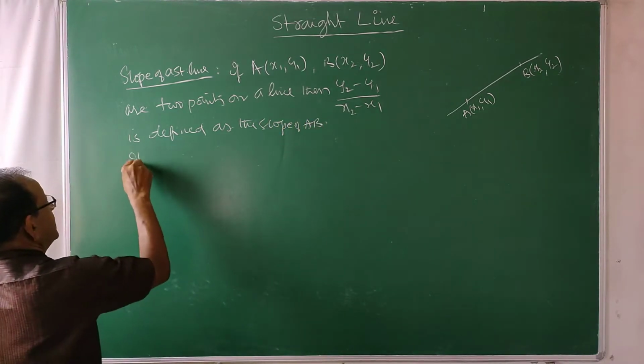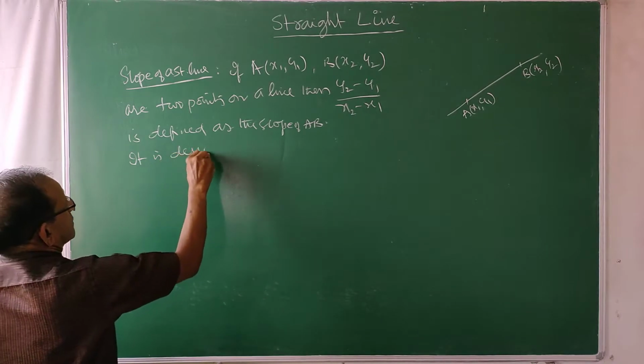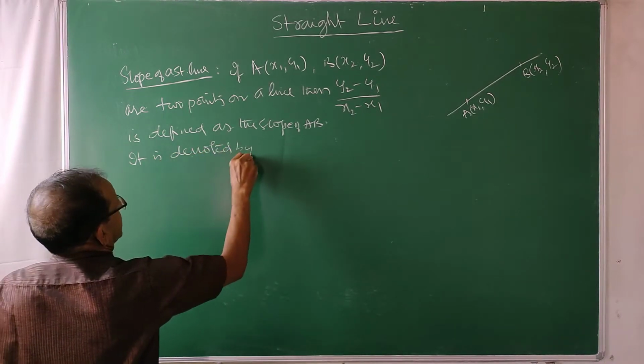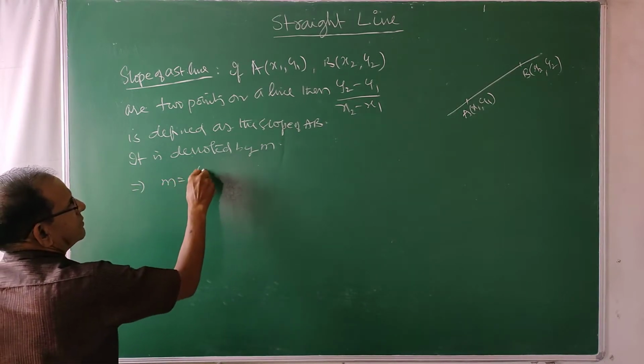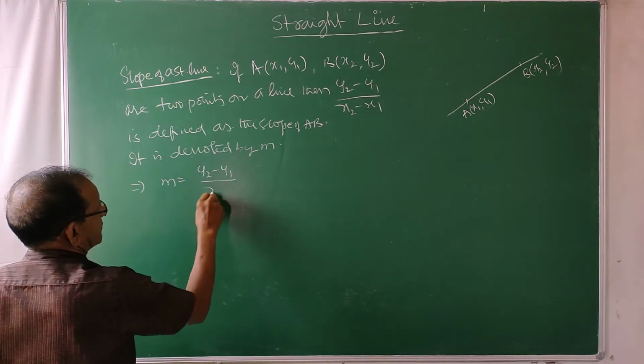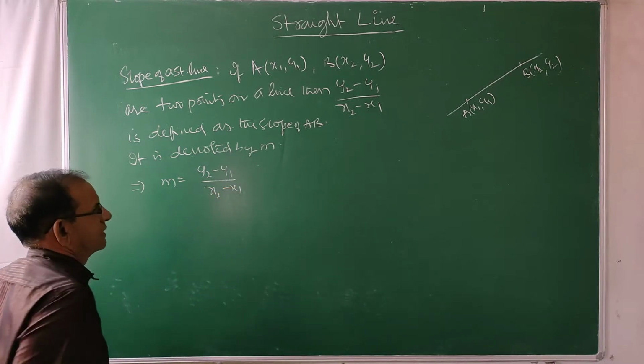It is denoted by m. That implies m is equal to (y2 minus y1) by (x2 minus x1).